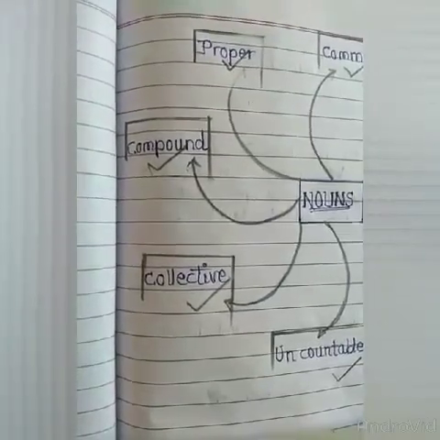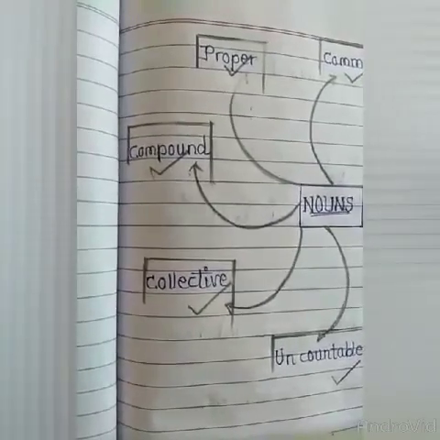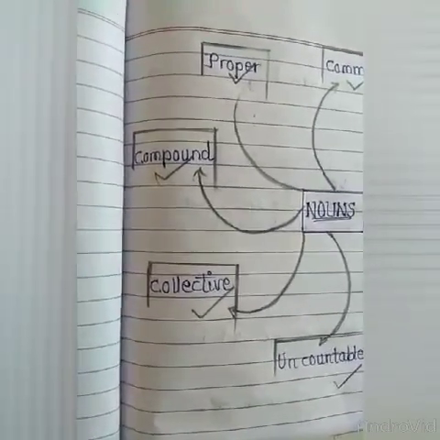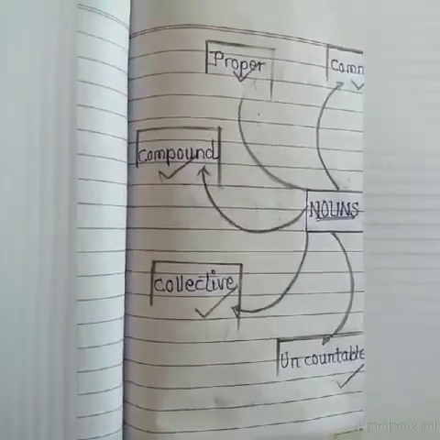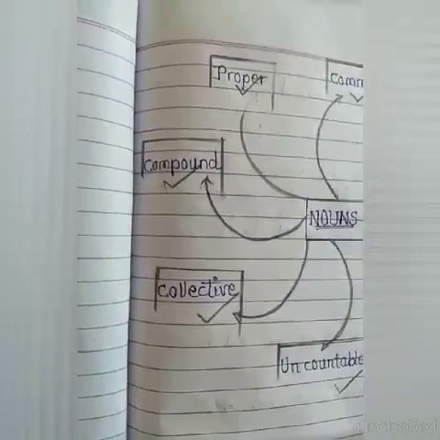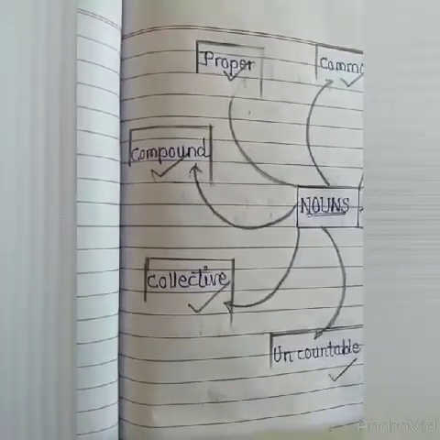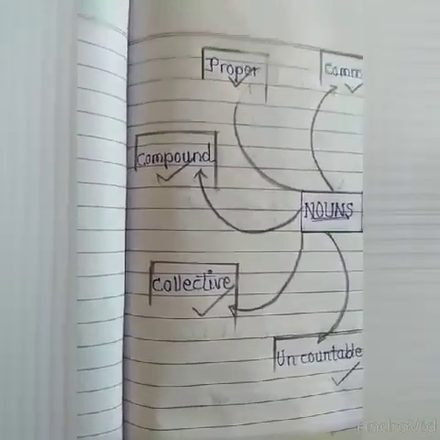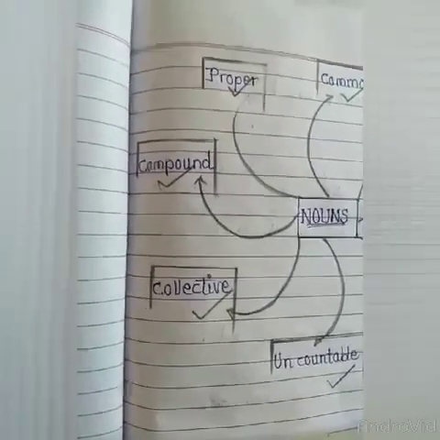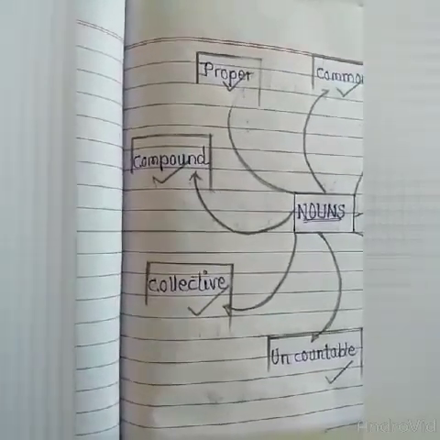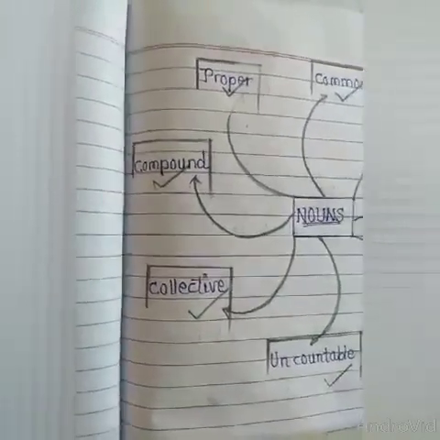Sometimes compound nouns are connected with a hyphen, like dry-cleaning. Between dry and cleaning, we have to put a hyphen. Daughter-in-law, daughter hyphen in hyphen law, etc. Sometimes it appears as 2 separate words like full moon, Christmas tree, swimming pool, etc. These are often referred to as open or spaced compound nouns.